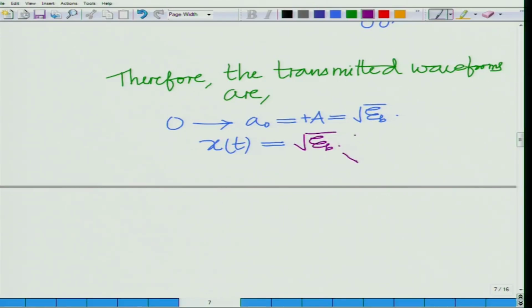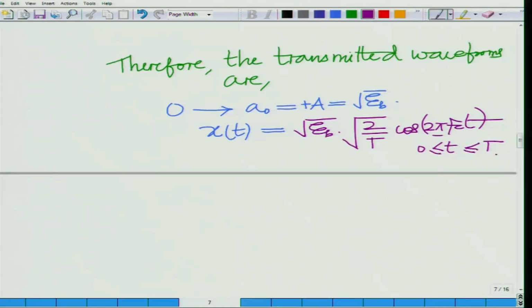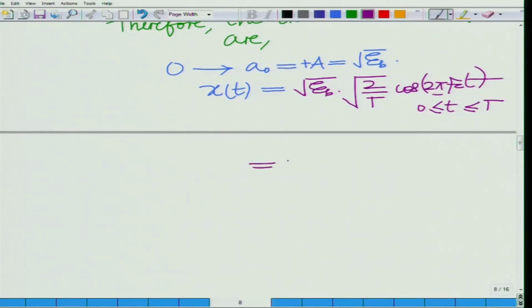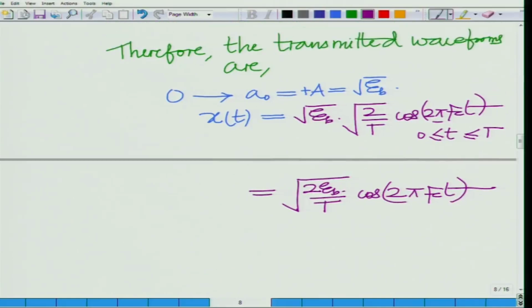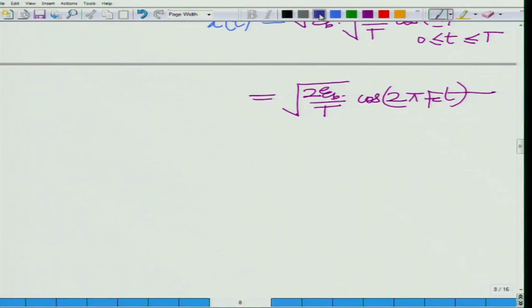So, this is square root of E b times square root of 2 over T cosine 2 pi f c t, of course, 0 less than equal to t less than equal to T, which is equal to square root of 2 E b over T cosine 2 pi f c t. This is the waveform corresponding to 0.